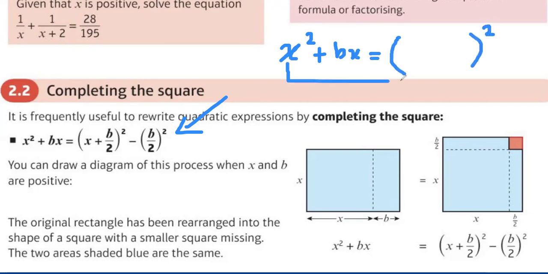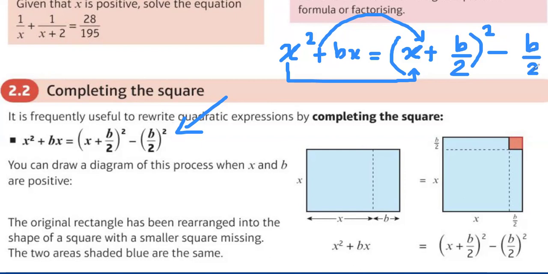First, we write the main variable, then the sign, then the coefficient of x divided by 2, all squared, and minus the square of that value, like this. That's the completing the square method.